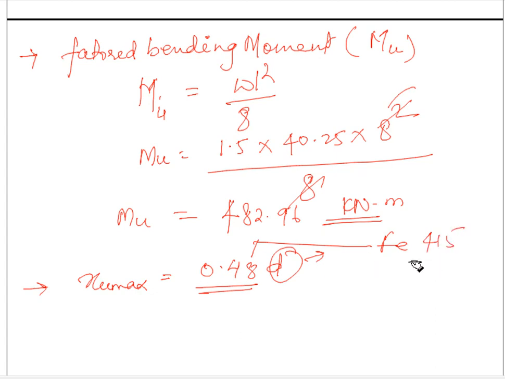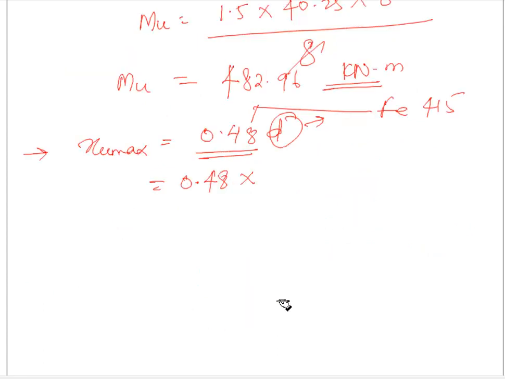I have been explaining this in every lecture. So 0.48 into 630, as we have assumed an effective cover of 70 mm, equals 302.4 mm. XU max is 302.4 mm.